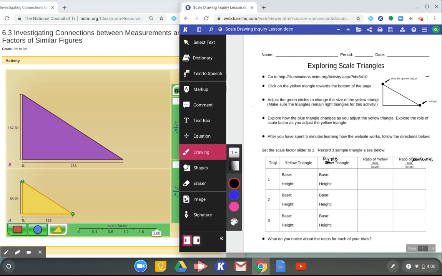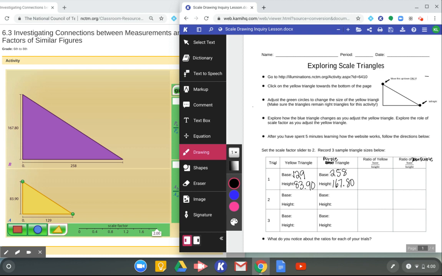So if we just look here, I'm going to fill in this chart now. My base is 129 for the yellow triangle, and the height is 83.90. And then the base for the purple triangle is 258, and the height is 167.80. Now it asks for the ratio of the yellow, and we're going to do the base over the height.